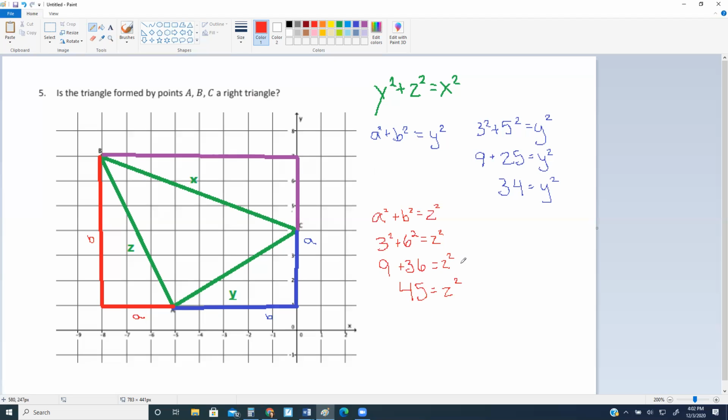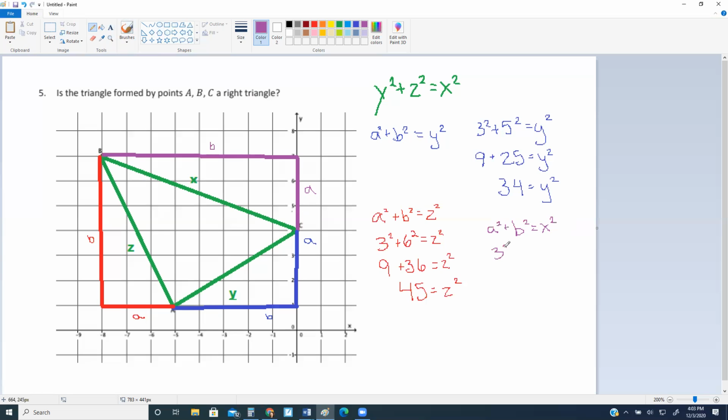I'm going to leave it as Z squared. You'll see why in a minute. Now let's look at the purple one. I'm going to label this one A and this one B. So A squared plus B squared equals, oh no, equals X squared, not C squared. I kind of get into my groove here. What's A? 1, 2, 3.